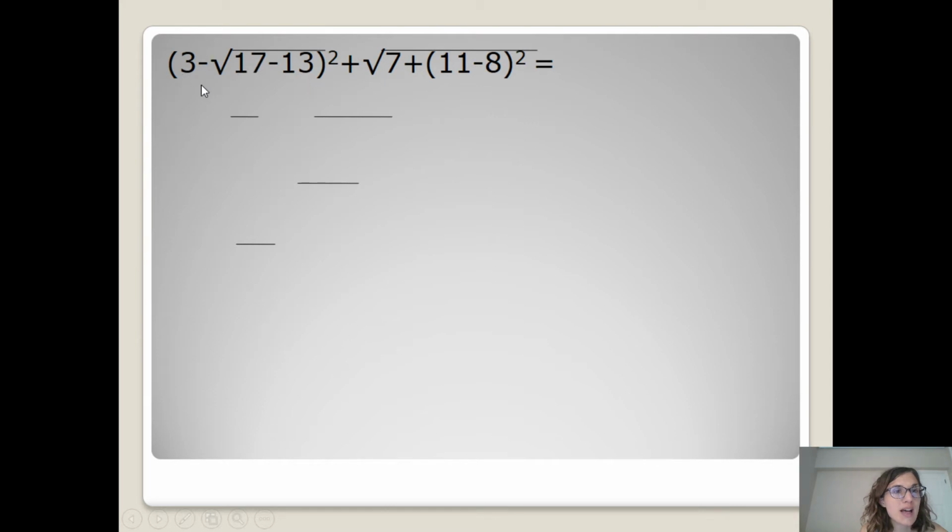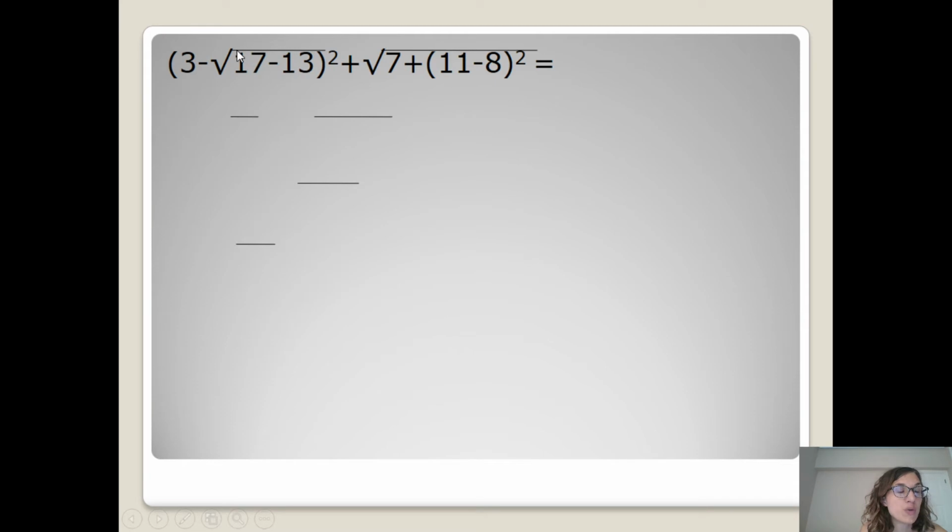As I've said, the first thing we have to do is what is inside the parenthesis, and then we will raise it to the second power. But here in the parenthesis we have a subtraction and a root, and inside the root we have a subtraction as well.